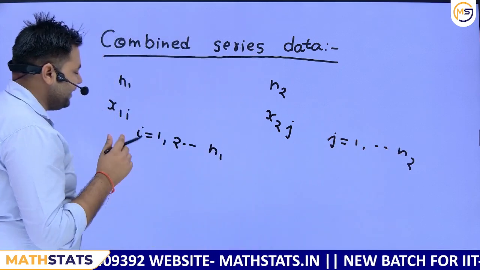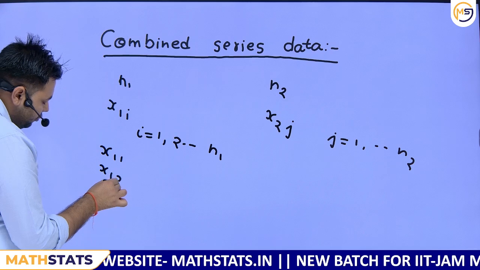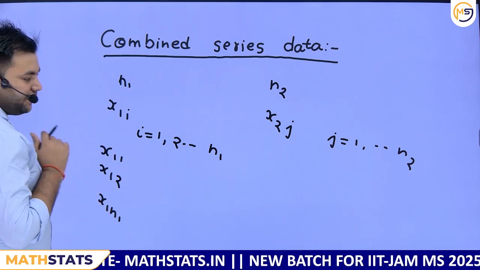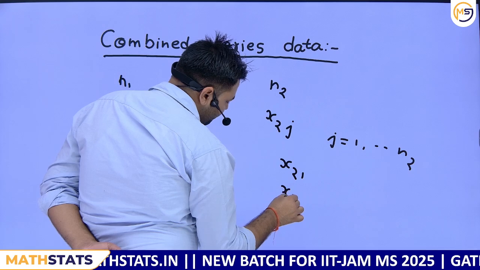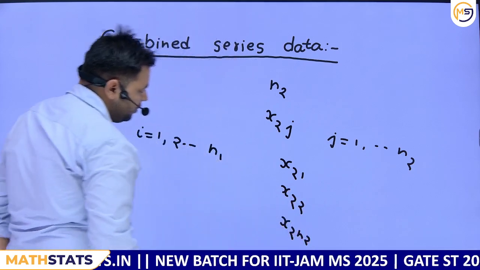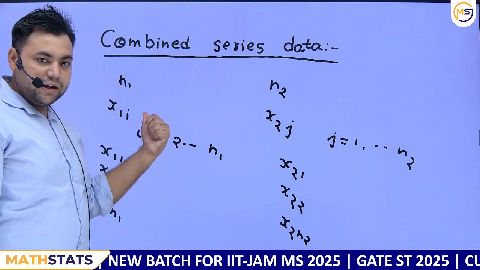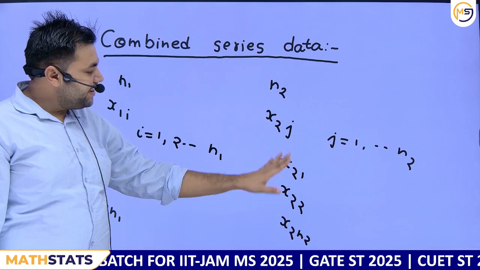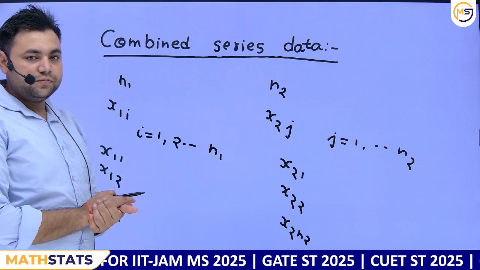So the first observation is x11, x12, and so on up to x1n1, these are the n1 observations, and here x21, x22, and so on up to x2n2. So suppose we have n1 observations x1i, i equal to 1 to n1, and second observations x2j, j equal to 1 to n2.